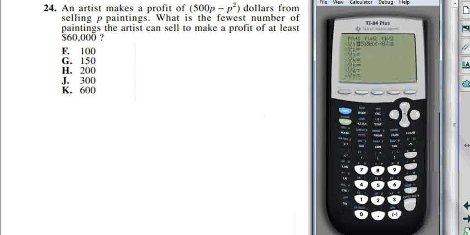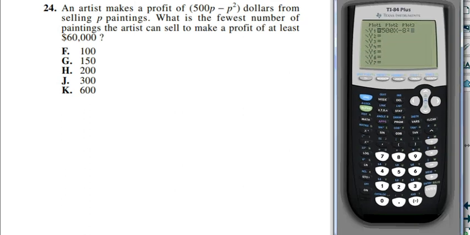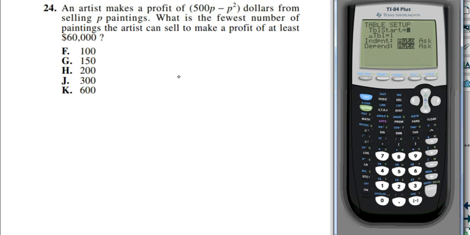My calculator is running from me. All right. So I've got my equation into y1. Now I'm going to adjust my window to where I start at the smallest number in my answer choices.